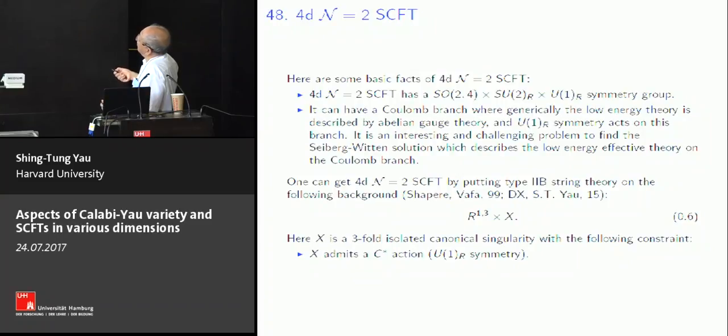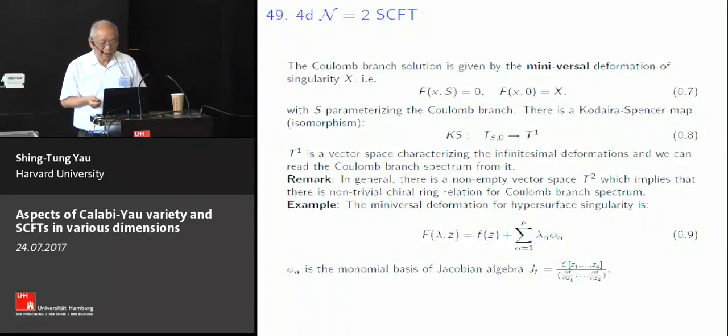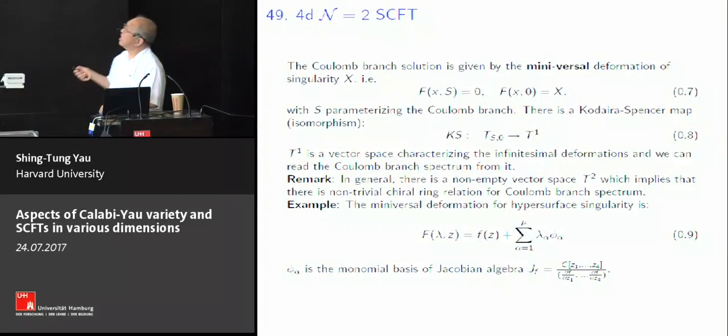Now, we learned from this paper, Shapere and Vafa, that for 4D N=2 superconformal field theory, we can put down type IIB string theory on the following background, where X is a Gorenstein isolated canonical singularity with several constraints. Namely, X admits a C* action, so it's a U(1) symmetry, U(1)_R symmetry. And there's a mini-versal deformation of the singularity, set like this.